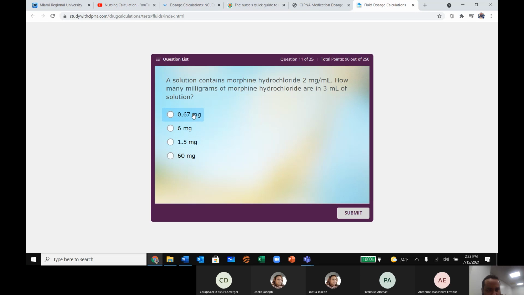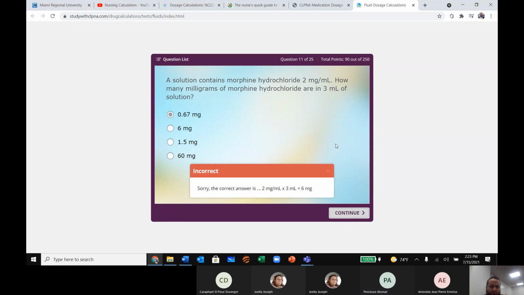No. 6. It's option C, because we have 2 milligrams in 1 ml. How many do we have in 3 ml? If in 1 we have 2, in 3 we have how many? 6. Got it? Yes, I got it now. Perfect.